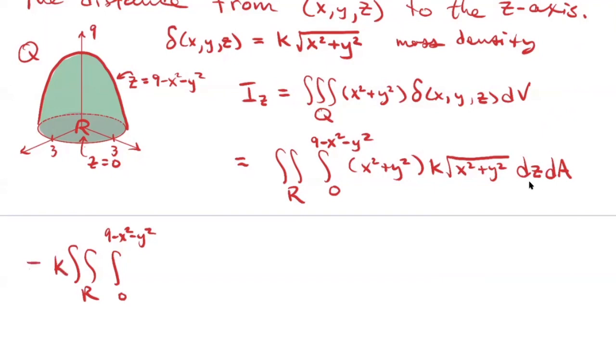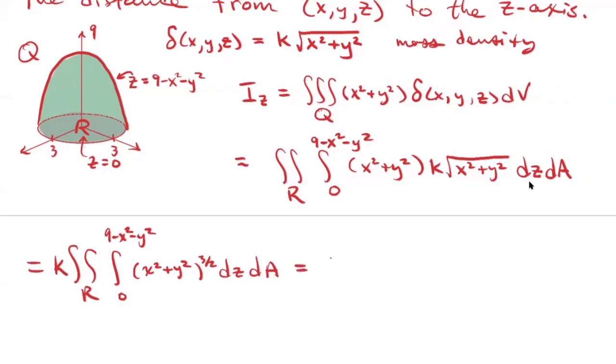Okay, and then what you have is x squared plus y squared to the 1.5, which is 3/2. So let's just change this to x squared plus y squared to the 3/2. And that'll be dz and then dA. Okay. And then that's a constant as far as z is concerned.